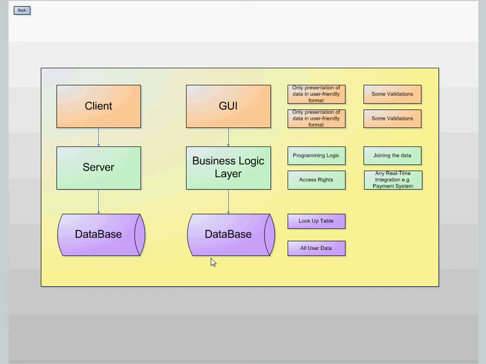So when you see any requirement, we are going to be discussing many requirements and their functionalities during this course, and what kind of setup you need in the business logic layer and in the database layer. I'm not going to talk about the tables and all, just the lookup table and the main tables. I'm going to talk about the interfaces that you would need and the validations that you need in the GUI.